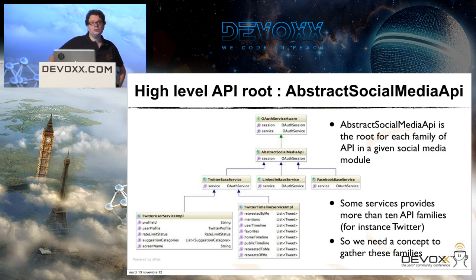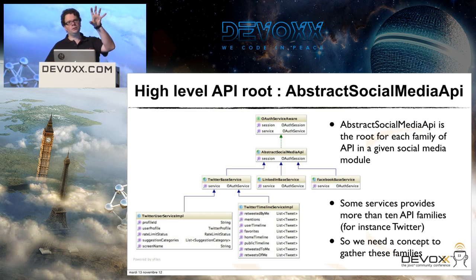And we see under Twitter we have two implementation of the base service. So one is for all the family around a Twitter user call. So it's there that we can get the profile of the user. It's there that you can get all the information about suggestion category.